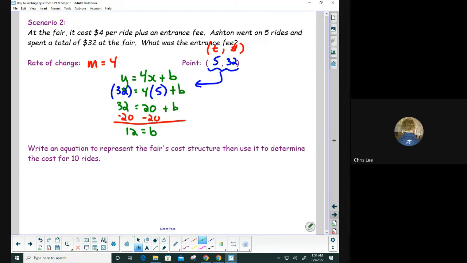So what did I just figure out? The b value, which is the entrance fee, right? That's the thing that you pay to get in. So it costs $12 to get in.